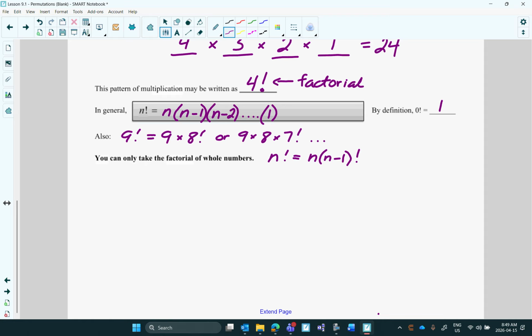No. It always stops at 1. Good question. Or I could do, okay, I'm going to take that number, I'm going to multiply by 1 less, I'm going to multiply by 2 less, but then I'm going to stop there and put a factorial. And again, etc.